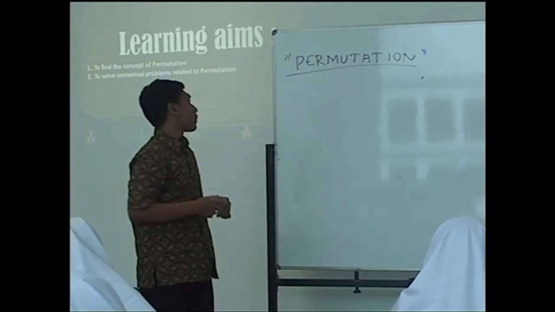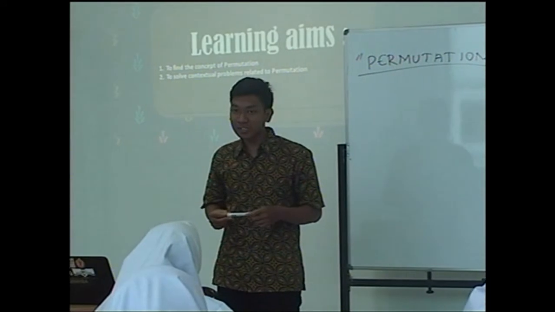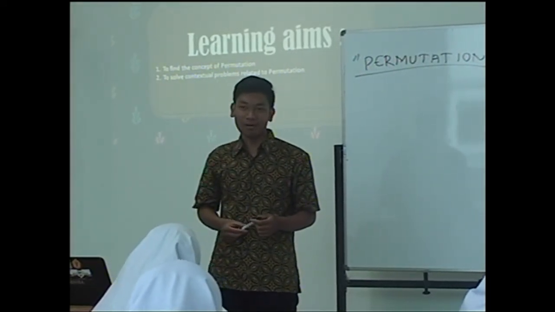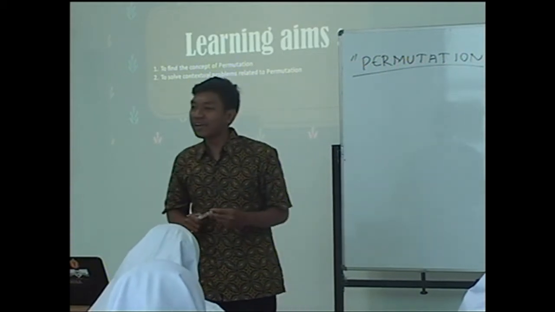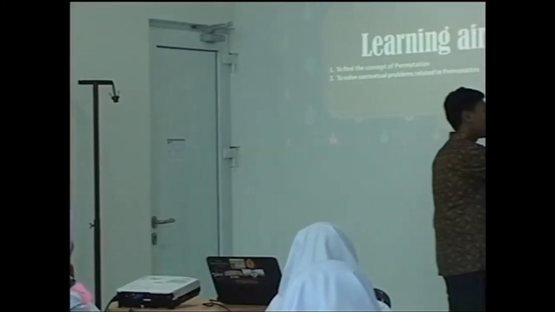Before we start, do you still remember the multiplication rule? Ajin, can you explain what the multiplication rule is? Multiplication rule is used to know how many possibility ways from some case. I will write it down here.